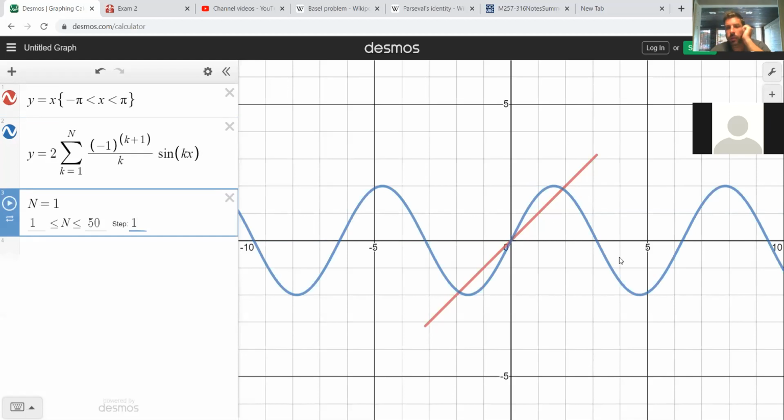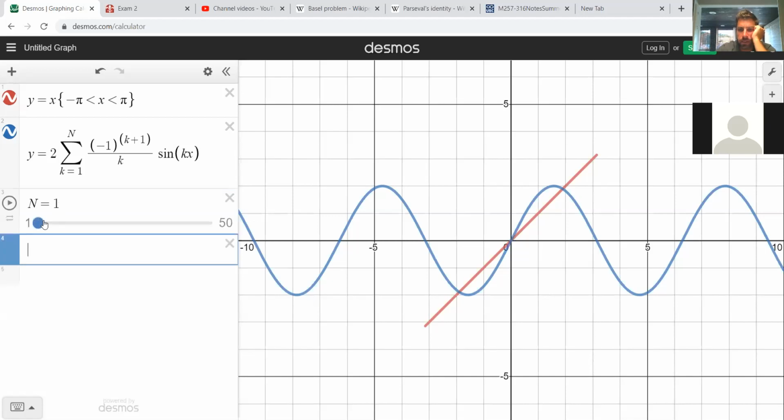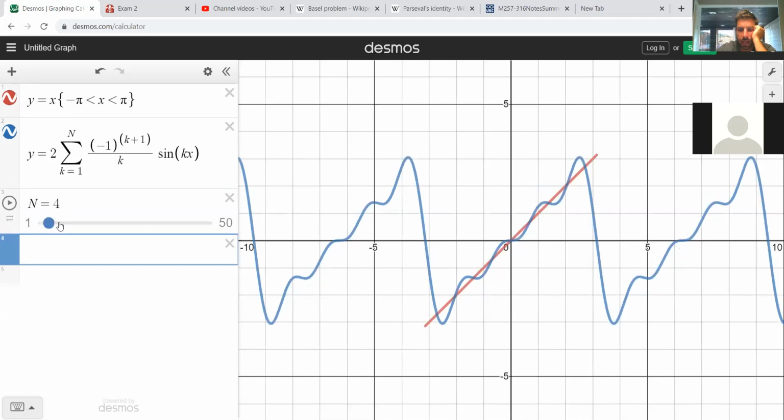So again, watch what happens. I have this blue sine curve right now. And what I want to see happen is, as n increases, as the number of terms increases, that blue curve is going to match the red curve.